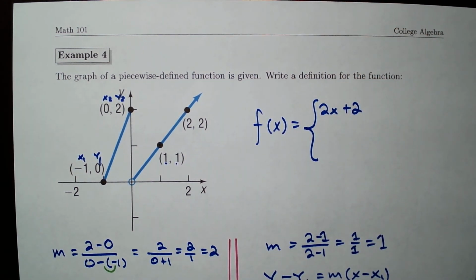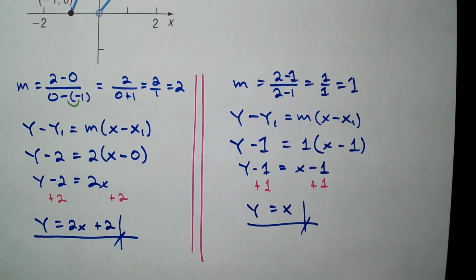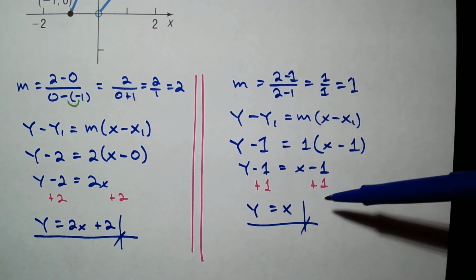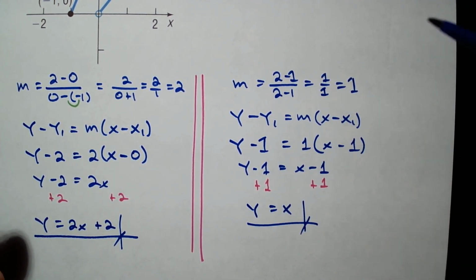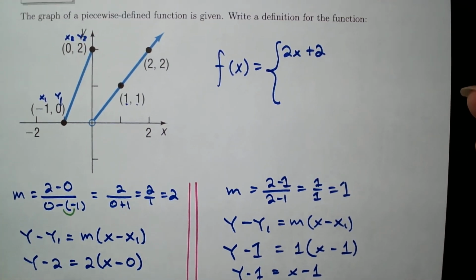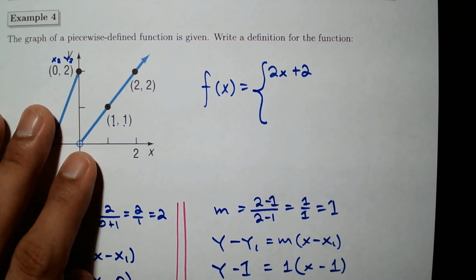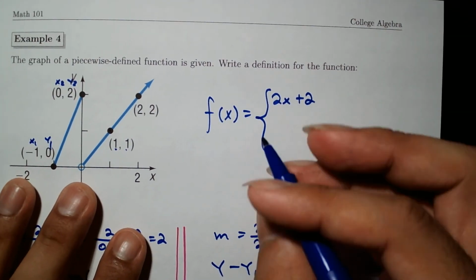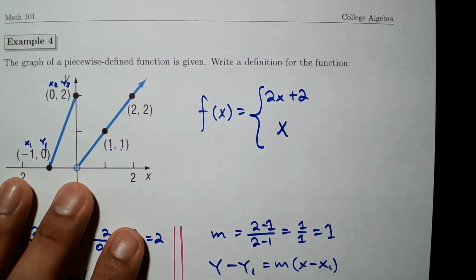If for some reason it's not clear for you and if you prefer to do what I did here, that's fine. That's actually good to practice material covered in the previous chapter, which is equations of line. It's always good to review those topics whenever possible. So in this case, we're gonna have y equals x. Otherwise, I mean x, f of x equals x.